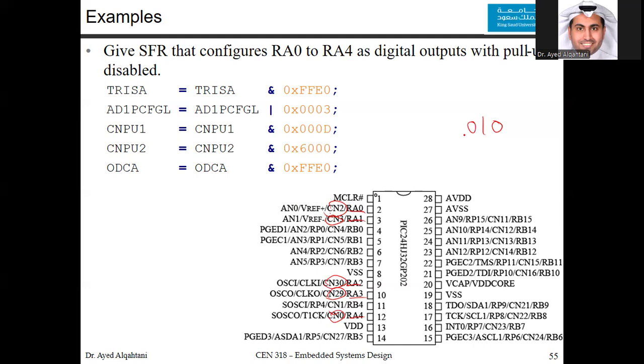CN3, I need to make also 0. That's for the change notification pull-up. And the rest will also be zeros. That's a hexadecimal digit. For the change notification pull-up enable, I don't have only a single special function register. I need 2, and that's explained here.